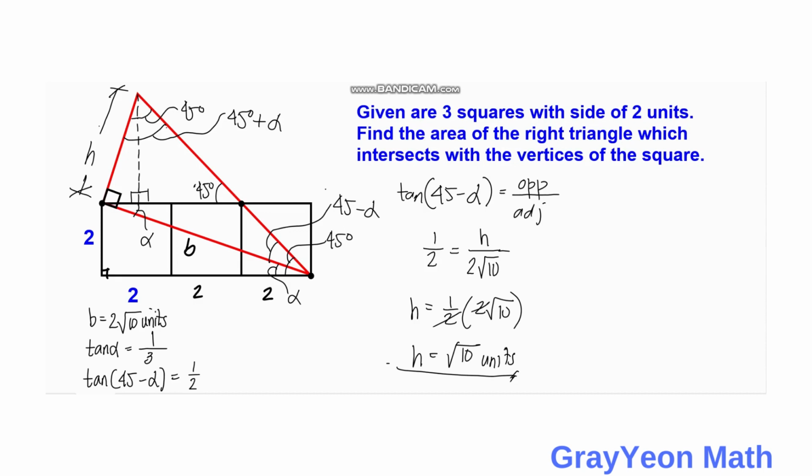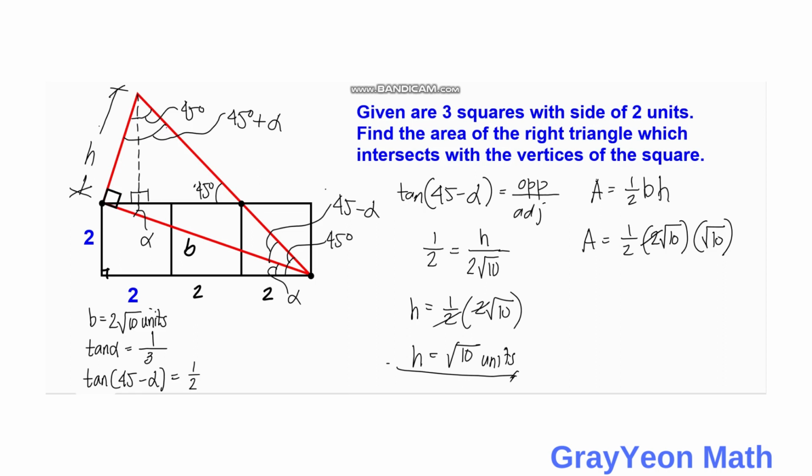Now the final step is we are going to find the area. Area of any triangle is equal to 1/2 times base times height. So area is equal to 1/2 times the base, which is 2 square root of 10, and the height, which is square root of 10.